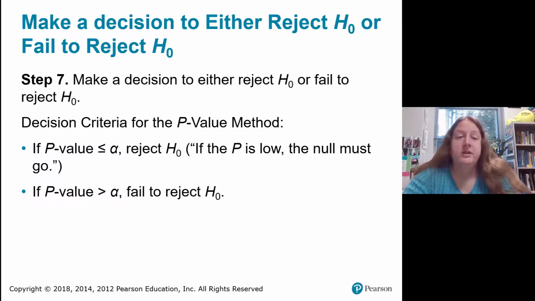Our decision criteria are: if our p-value is less than or equal to alpha, then we're going to reject our null hypothesis. This is for the p-value method. And if the p-value is greater than alpha, we're going to fail to reject it.